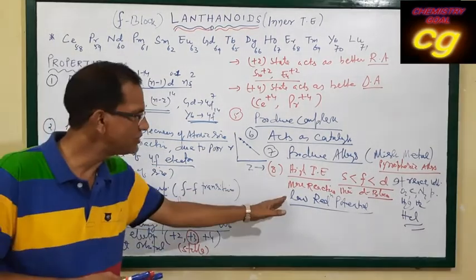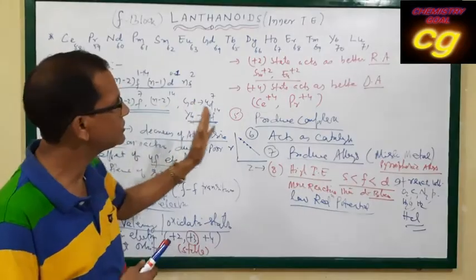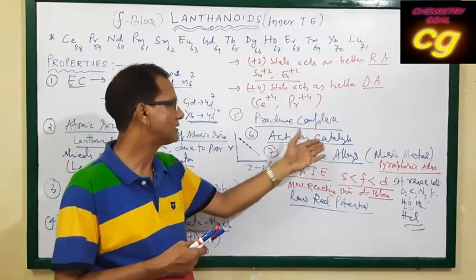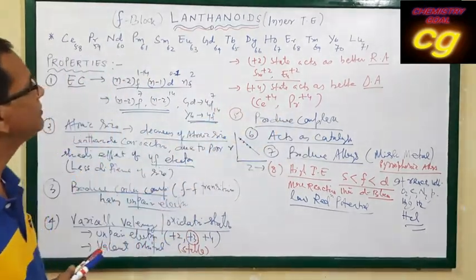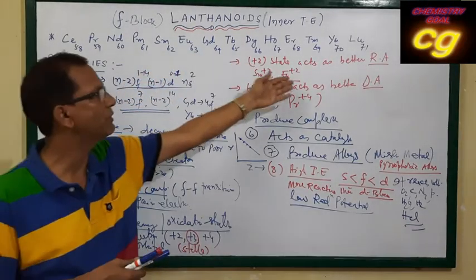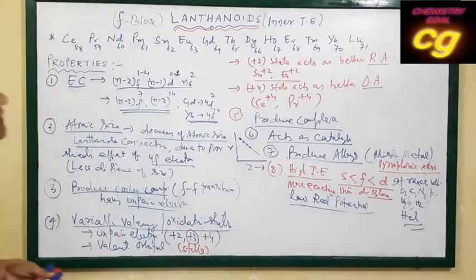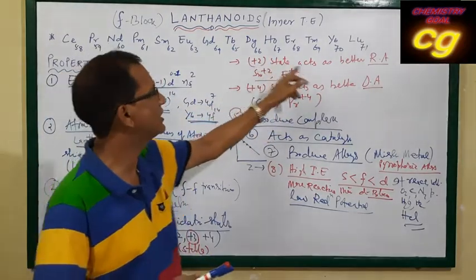High ionization energy, because these are the DF block compared to the S block. They produce alloys, act as catalysts, produce complexes like your transition elements, and show variable valency. The +2 state is a better oxidizing agent and reducing agent, and +4 acts as an oxidizing agent, +2 state as a reducing agent.